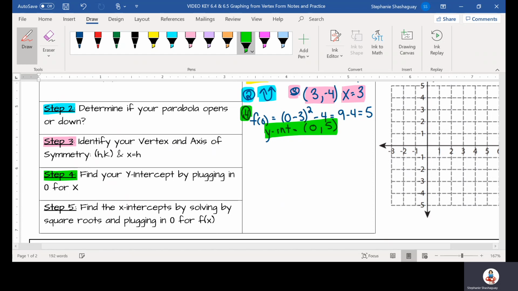Now step 5, find the x-intercepts by solving by square roots and plugging in 0 for f of x. Okay, so what do we mean by step 5?